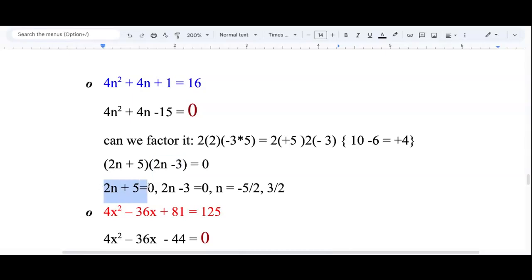So if this is 0, I solve, I get n equals negative 5 over 2. Or the second factor to be 0, I get a solution 3 over 2. So 2 solutions. Anyone has any questions?